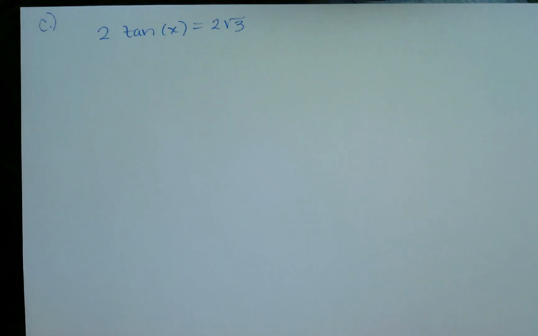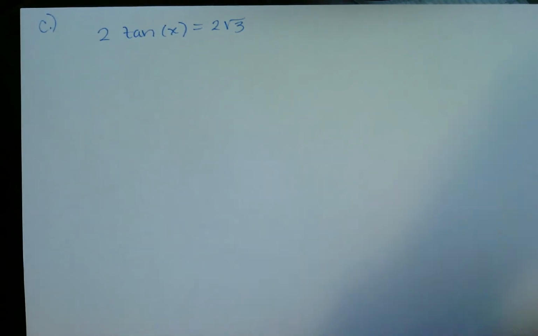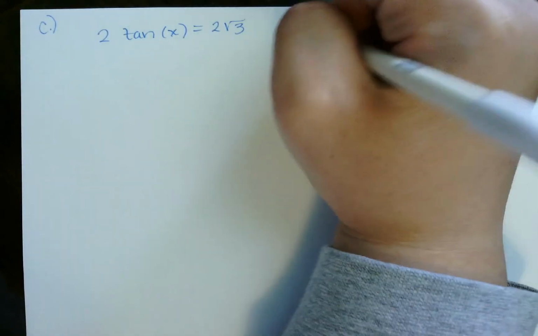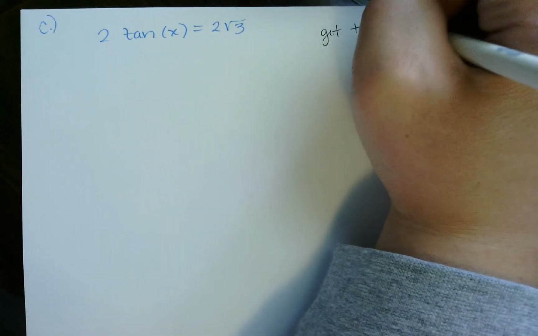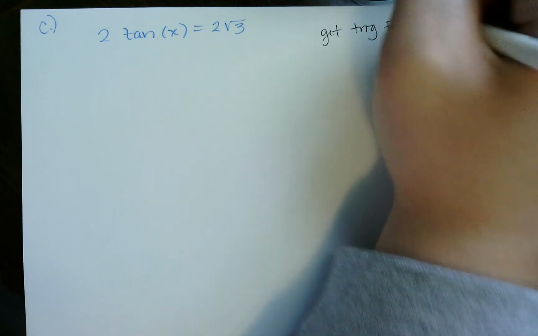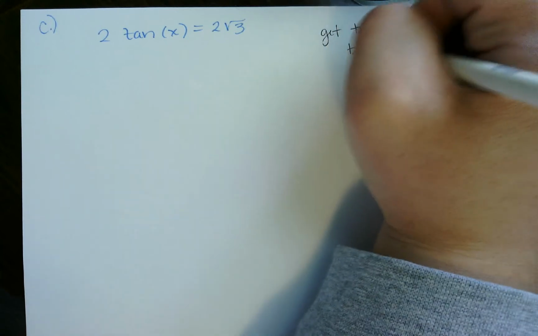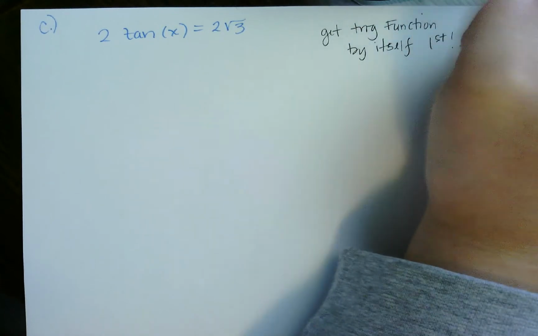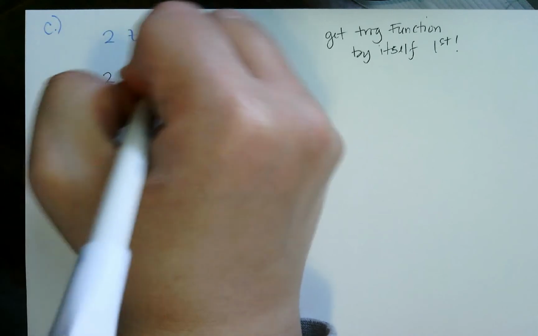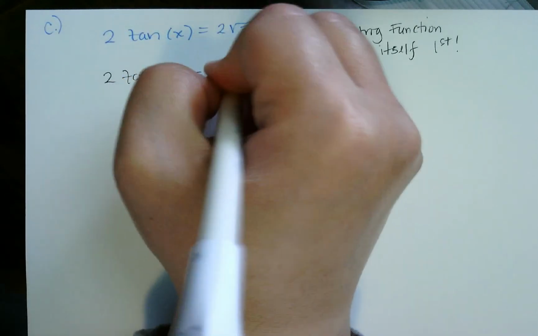So just like other examples of equations, let's get the trig function by itself. If you can do that, get the trig function by itself. So I'm going to divide both sides by 2. Remember, it's an equation. I can do whatever I want as long as I do it to both sides.